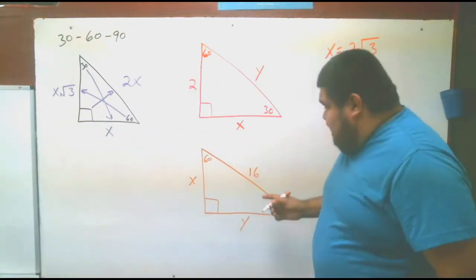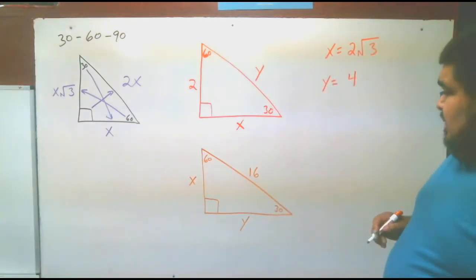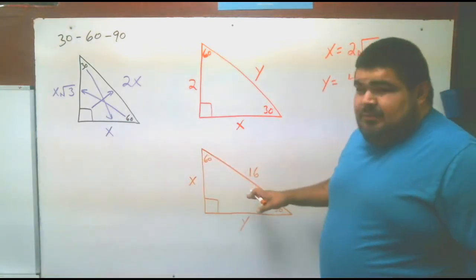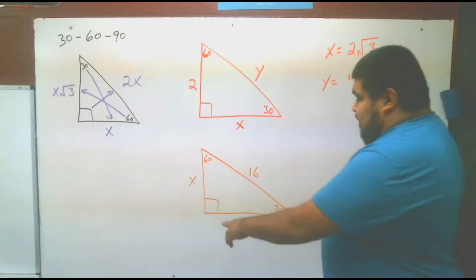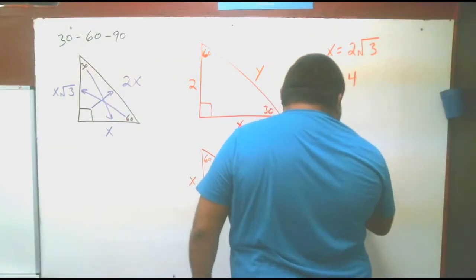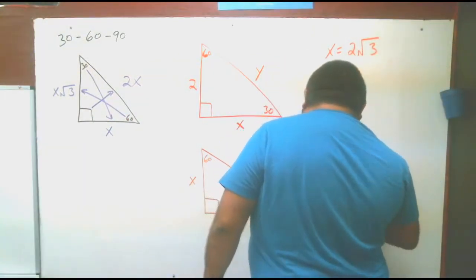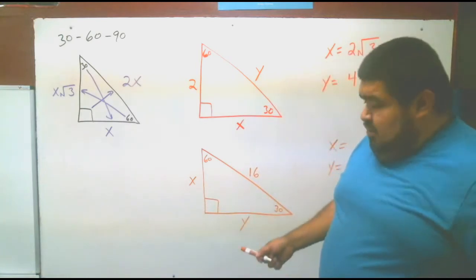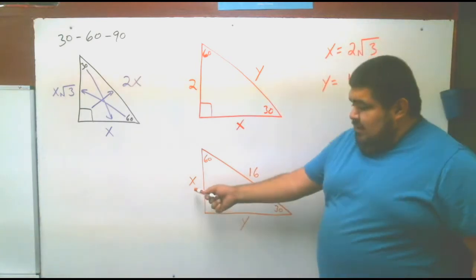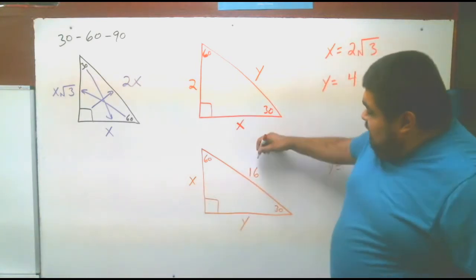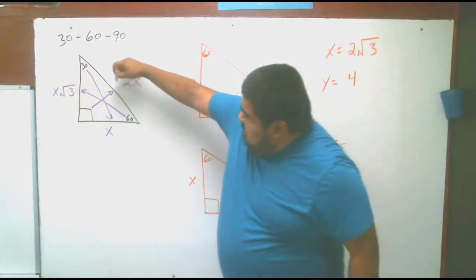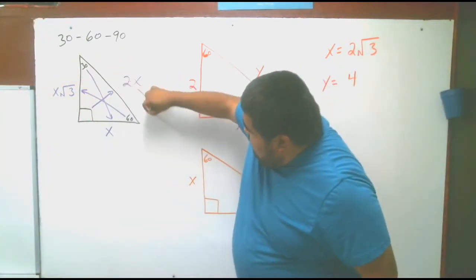Alright, notice that this time I have the hypotenuse. We're solving for x and y again. This time we're looking for the legs. Notice that across from 30 is our number, since we're going from the hypotenuse to the x.